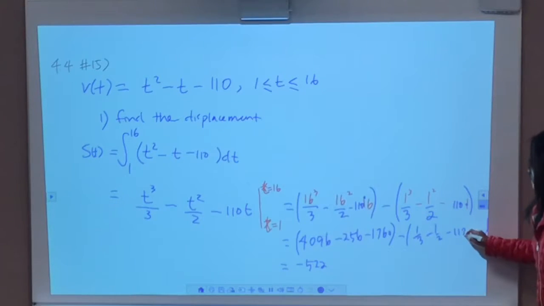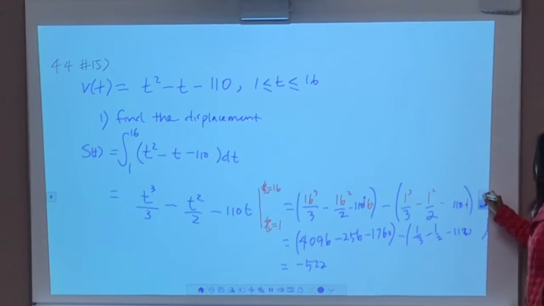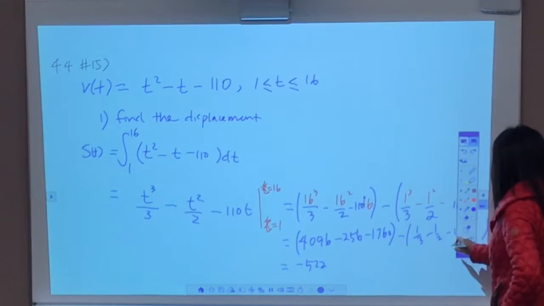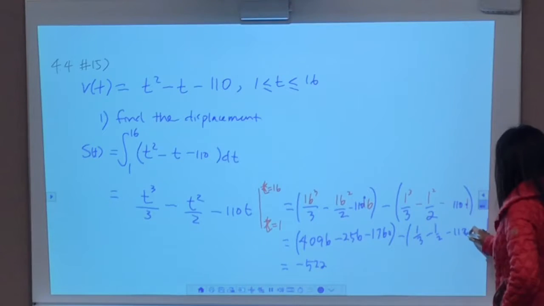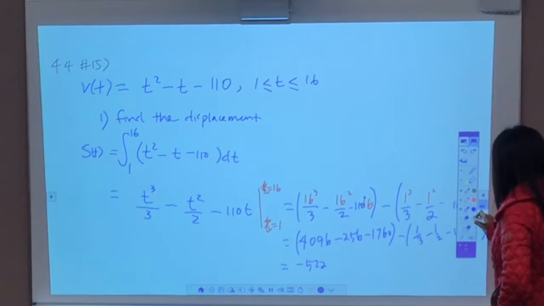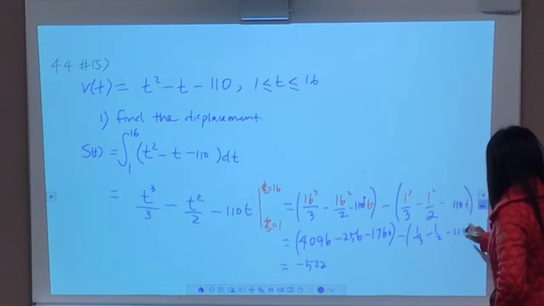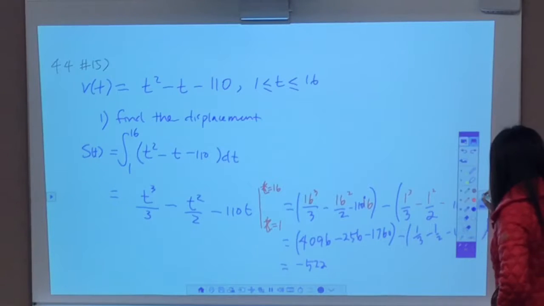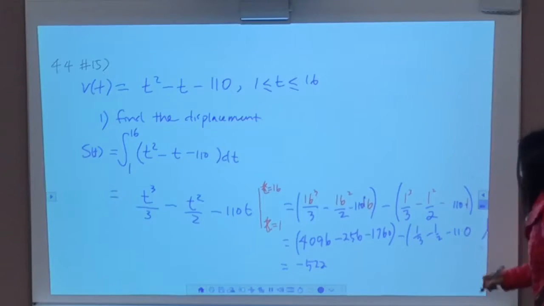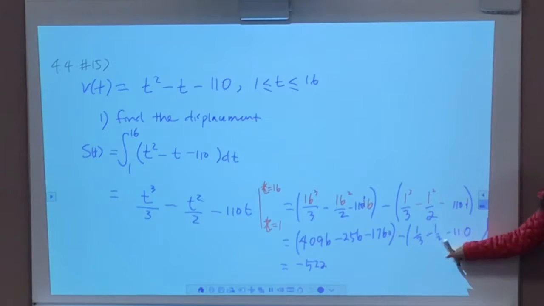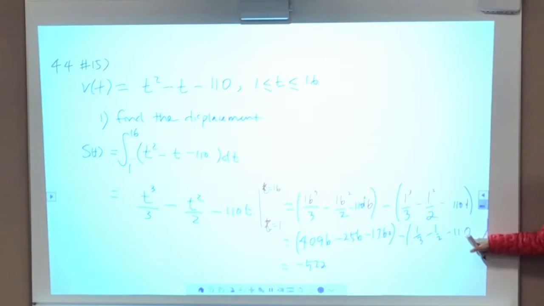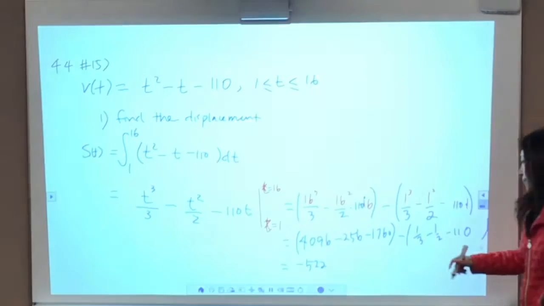When you put it in your calculator, what does it give you? Negative 110.1667.